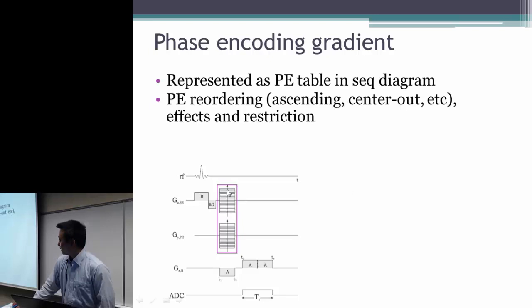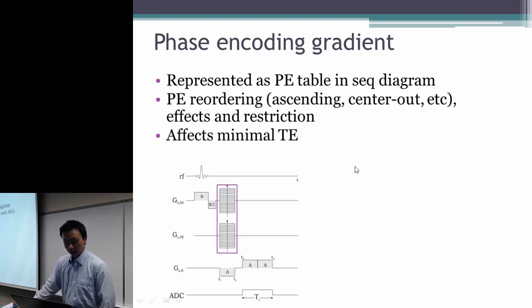Sometimes we can also see them shown with an arrow in this phase encoding table. The major consideration for the phase encoding is how to do the reordering according to your specific requirement on the image contrast, right?